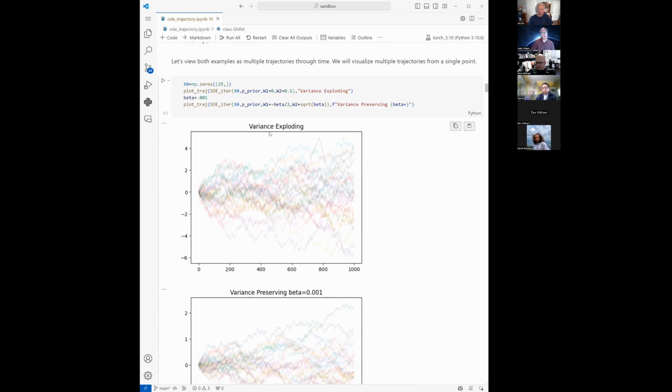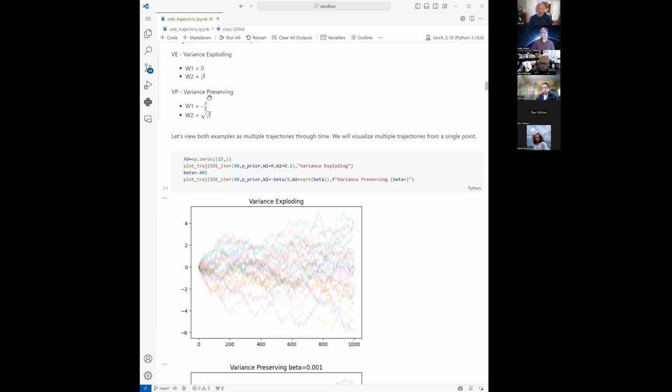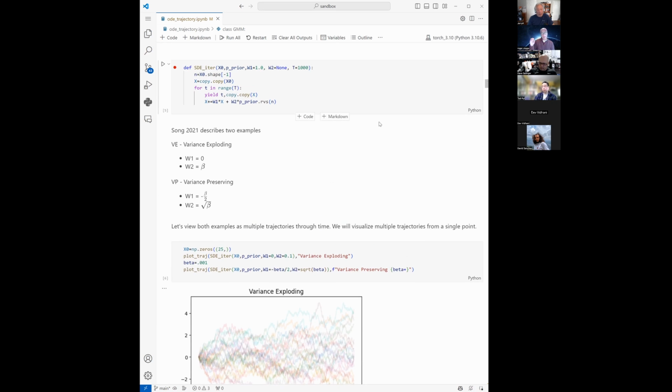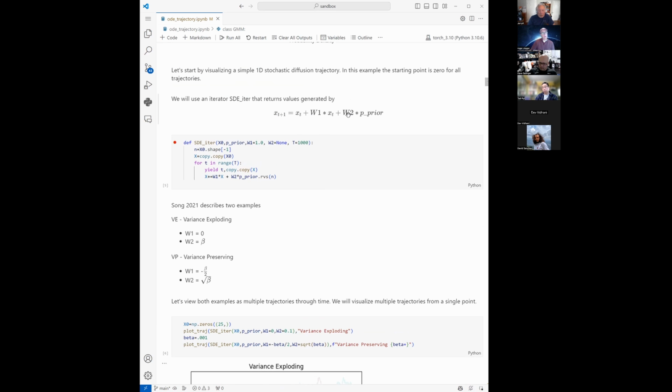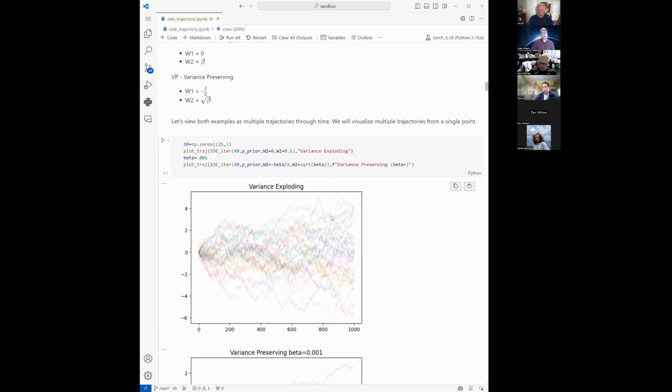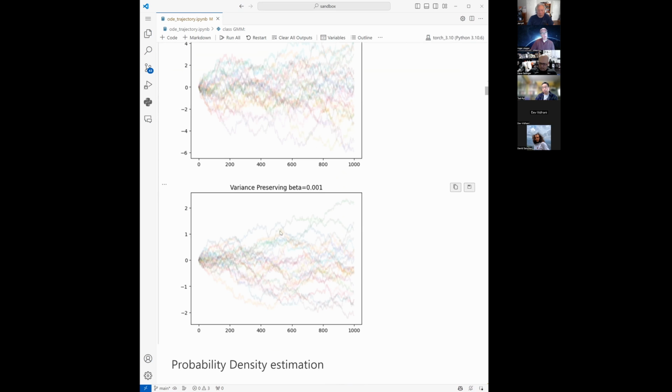If, on the other hand, we use these parameters for variance preserving, where the weight on the first is one minus beta, where beta controls how quickly it's diffusing, and W2 is the square root of beta, then again it looks somewhat similar, but if you look at the scale, you see that it grows to a normal distribution, and it just continues on at a normal distribution. So if you run that one forever, you will get the normal distribution that you want. This one, if you run it forever, you get an ever increasing variance.